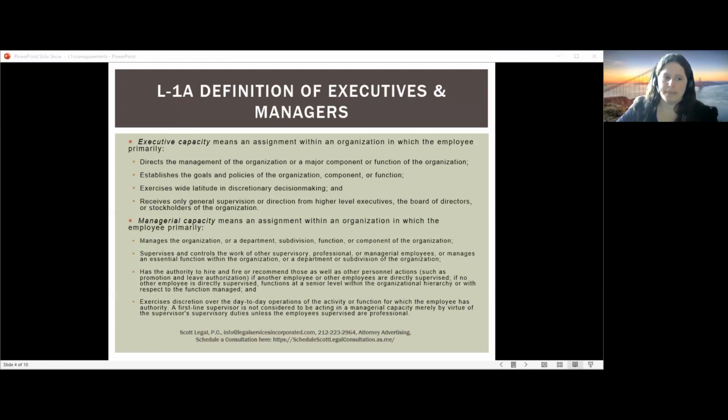It's not enough to put this definition into the job description and say this is everything they do. You really need to provide specifics. What are some examples of times when they have established goals or policies? How do they direct the management of the organization? Very often they will want to see, if you're directing the management of an organization, that you are overseeing managers who are doing the day-to-day work.